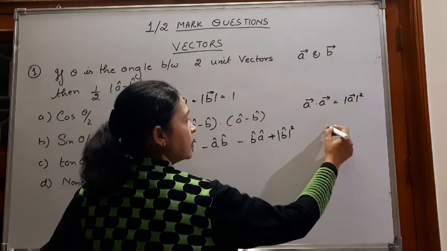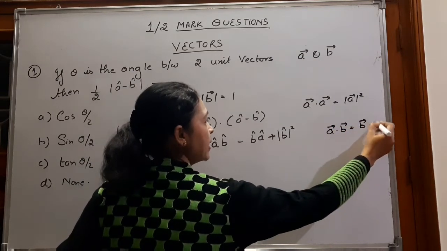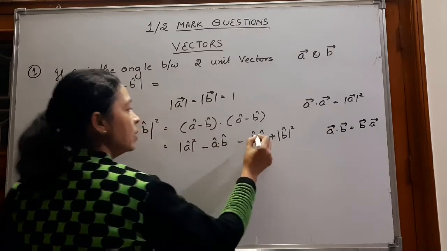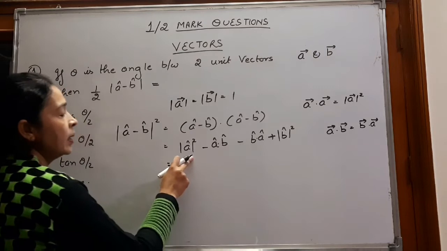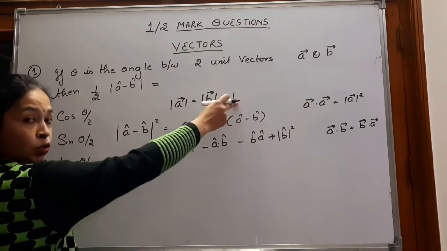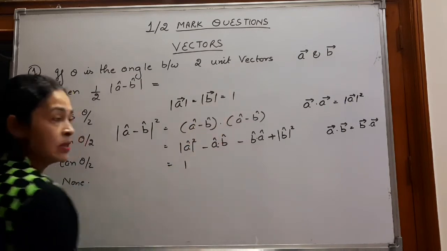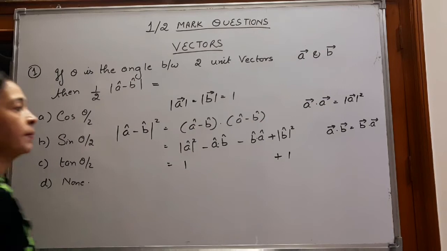Vector A dot vector B is equal to vector B dot vector A. B dot A can be written as A dot B. Unit vector is a vector with magnitude 1, and the magnitude of the vector is also given as 1. 1 square is 1, plus B magnitude square 1.